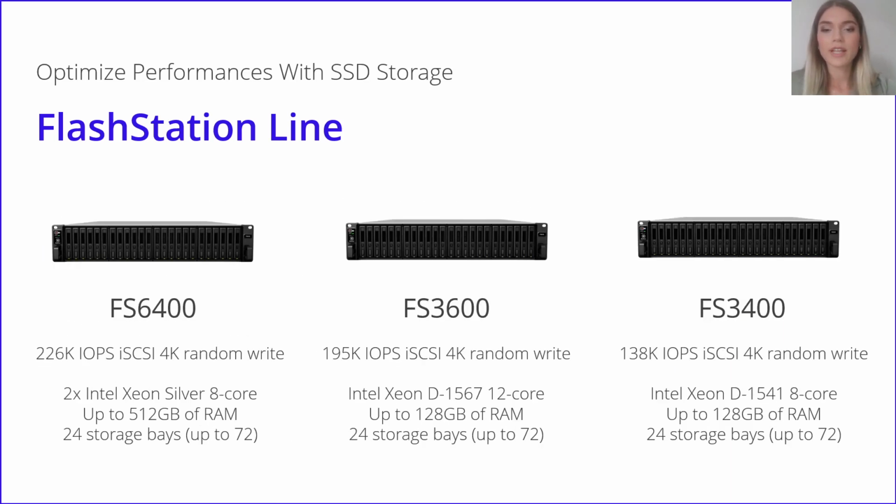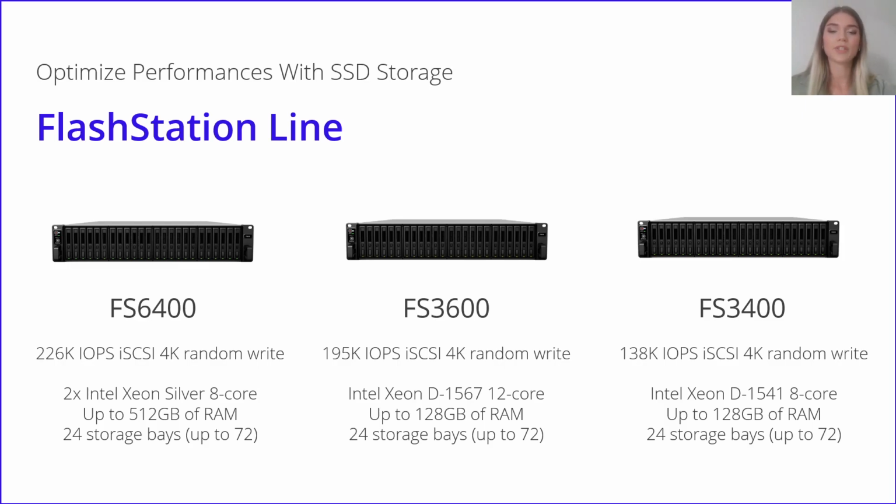The FlashStation line has 3 models. Highlighting the FS6400, it has a high level of iSCSI 4K random writing, reaching up to 226K IOPS, and it is equipped with 2 CPUs and has 512 GB of RAM.